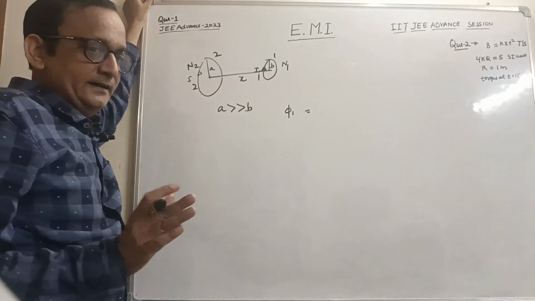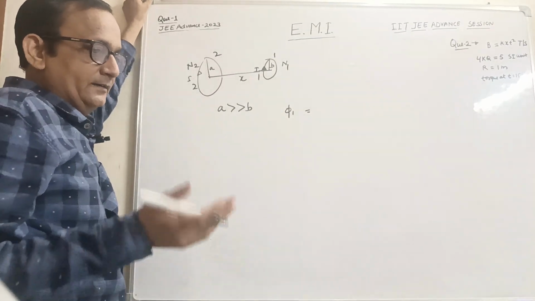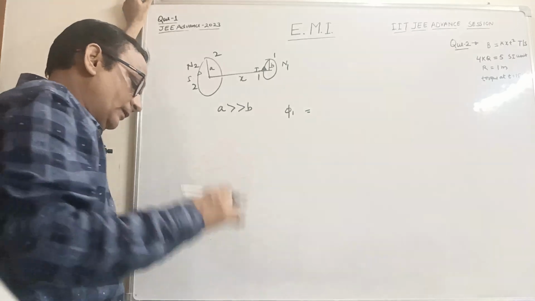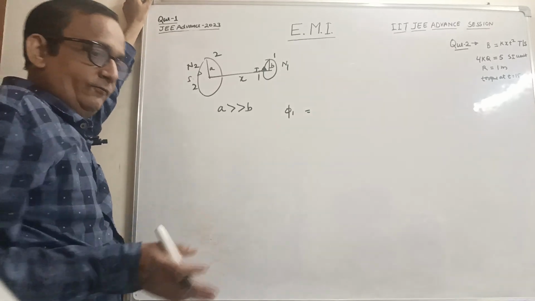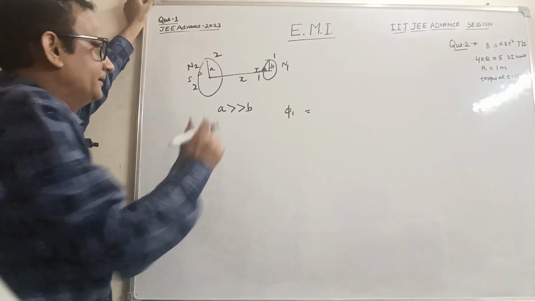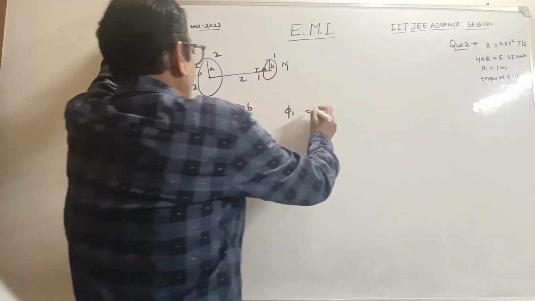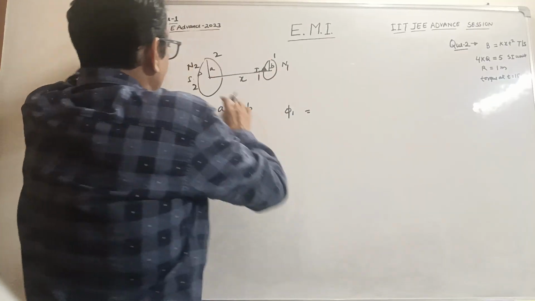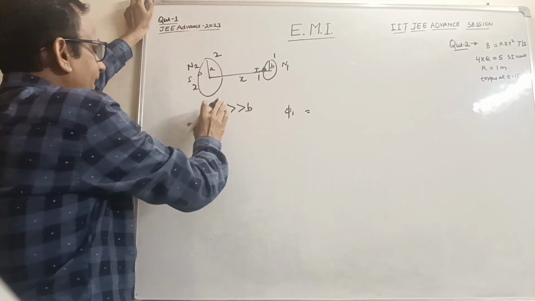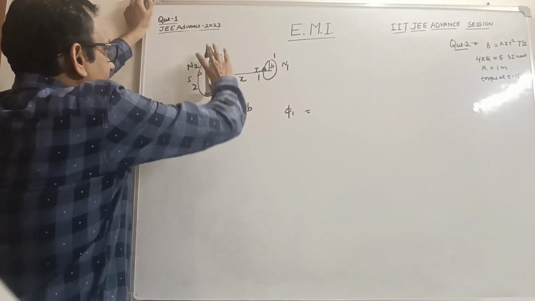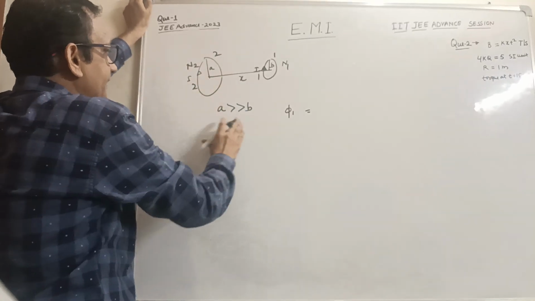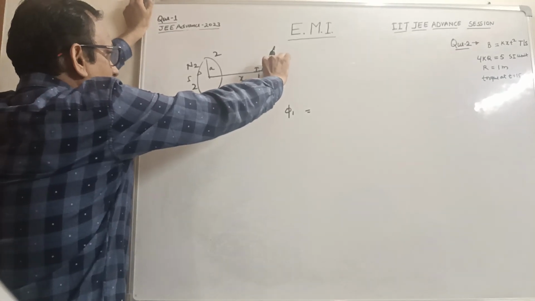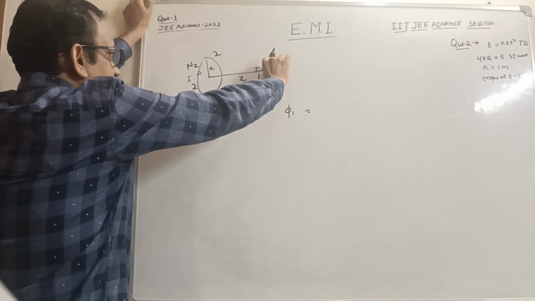Remember, when asked for the mutual inductance, always take the flux in the small coil. Flux is always for the small coil. The given condition is A is very much greater than B, so B is very small in size.